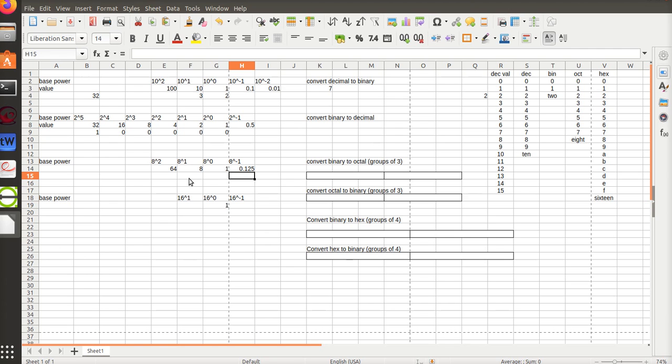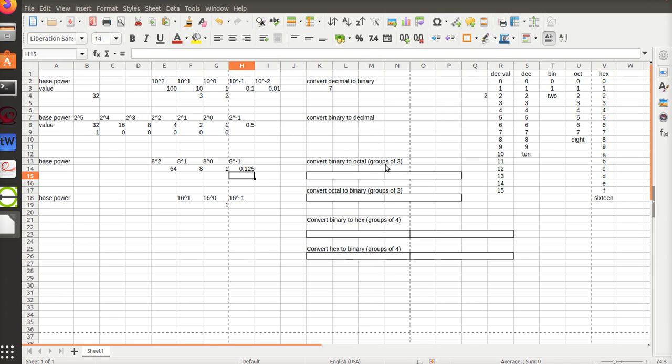So the shortcut I always like to use is, if you can get from decimal to binary, you can go from binary to octal, and you can go from binary to hex very easily. And that's what I'm saying with these groups of 3s here.